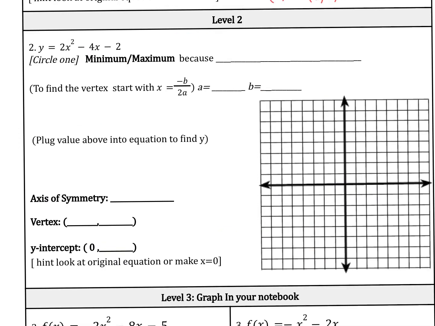For question number 2, you have a equals 2, b is negative 4, and c is negative 2. Since a equals 2, which is greater than 0, the parabola opens up. It means the vertex is all the way at the bottom, which is the minimum.